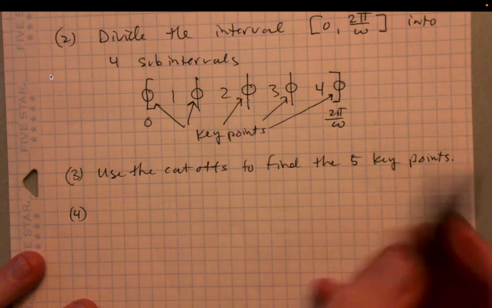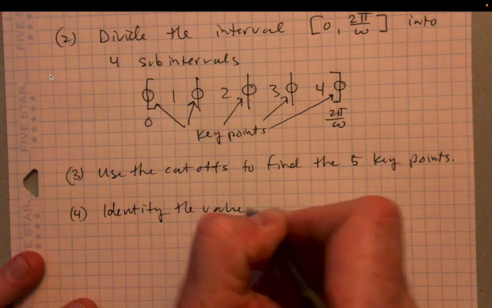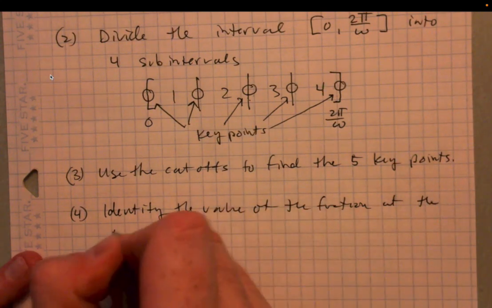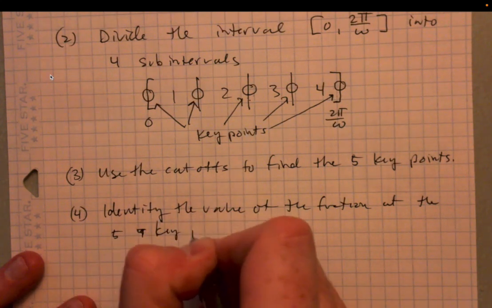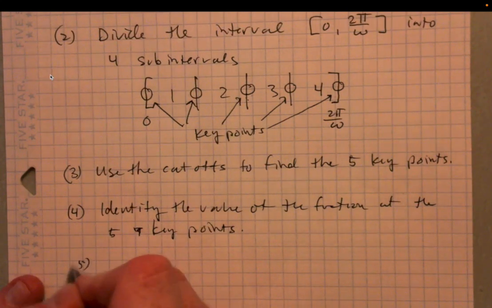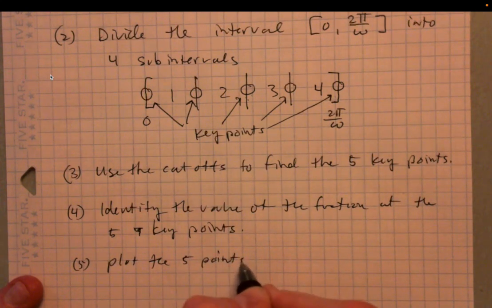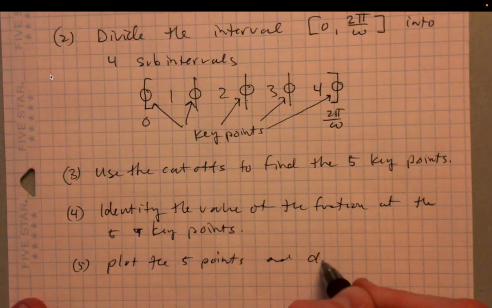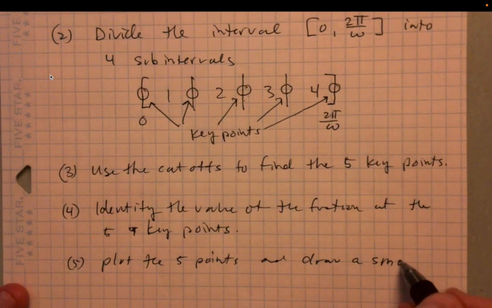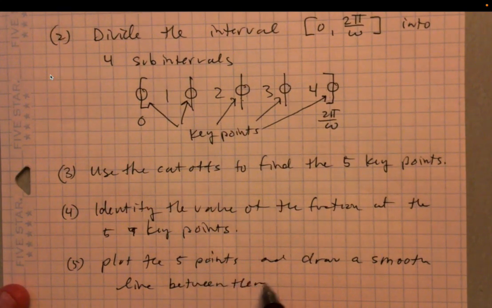Once you have the 5 key points, identify the value of the function at the 5 key points, and then finally plot the 5 points and draw a line through them. And this is trig, right? These are smooth lines. Draw a smooth line between them. Okay. All right.